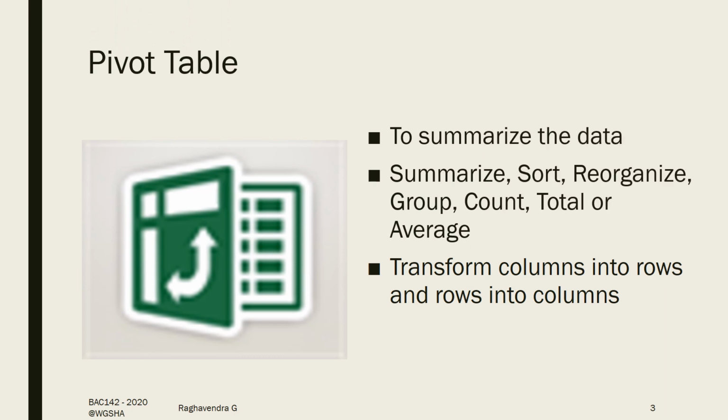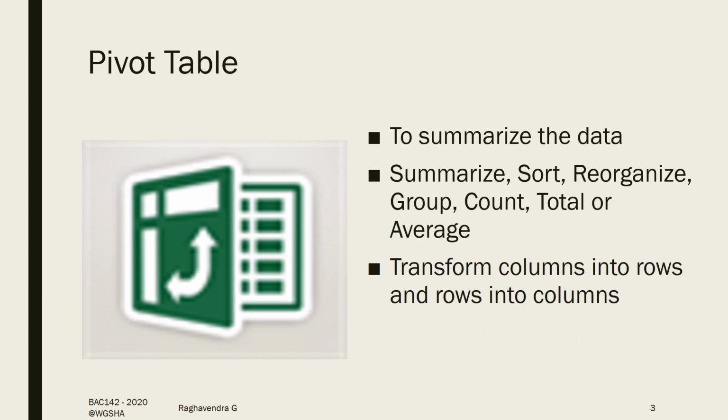Pivot table helps us to summarize the data. You have hundreds of records. In our previous example, we took the data from a student-run restaurant, business in 4 weeks, right?